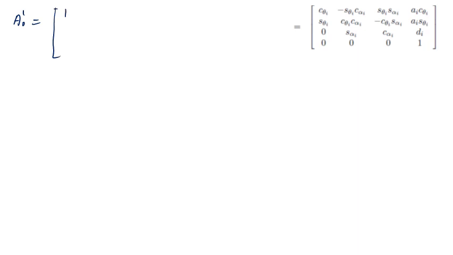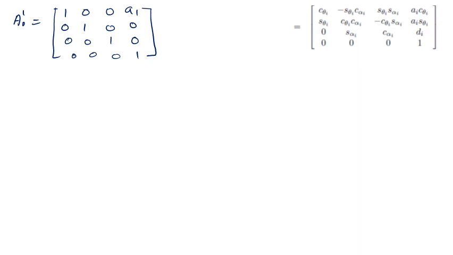It should be 1, 0, 0, A1, 0, 1, 0, 0, and then 0, 0, 1, 0, and then 0, 0, 0, 1.